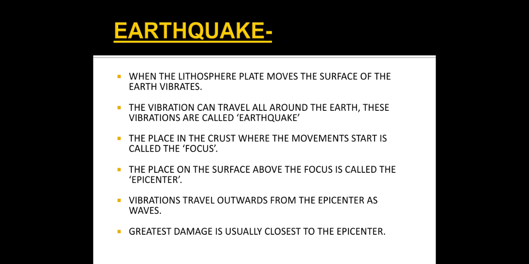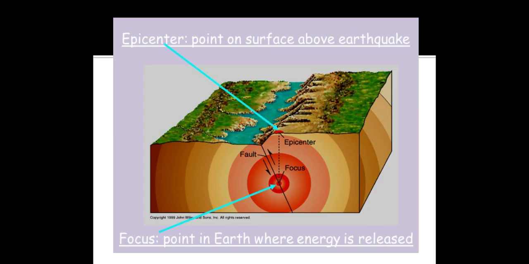Now with one diagram, we will just see, you can see there the earth I have shown. So the focus you can see somewhere in the upper mantle area, the focus is there. Here some vibration takes place. The fault is if there is a crack in that part.